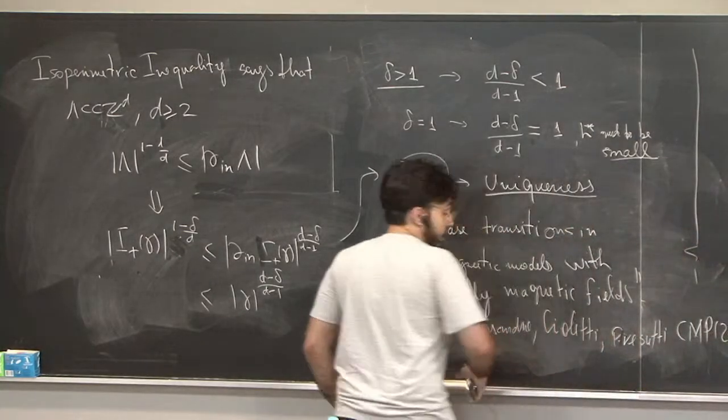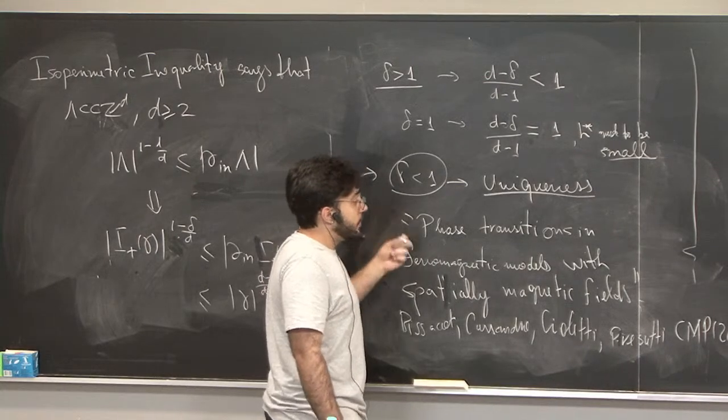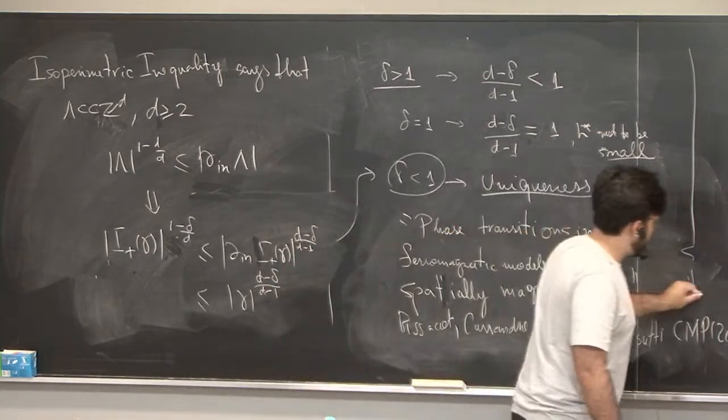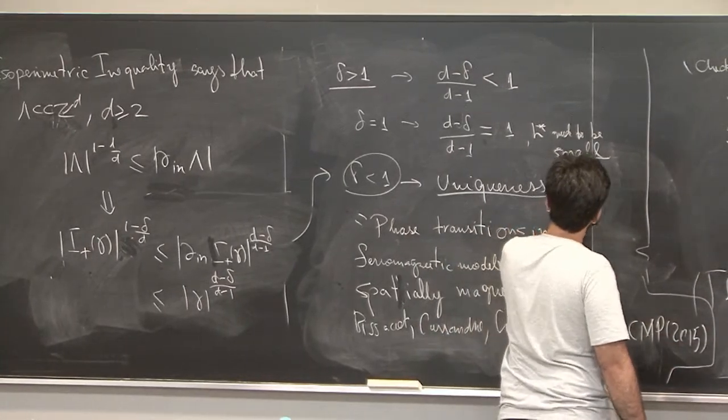What they actually prove in this paper, if you want to take a look, is that there is uniqueness, but they need to put a restriction: they need beta to be large.